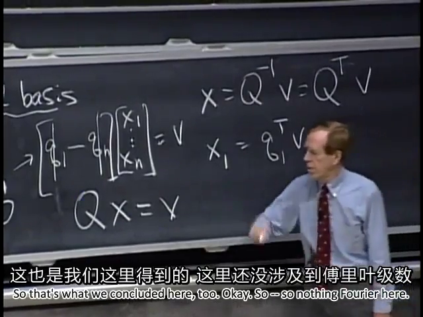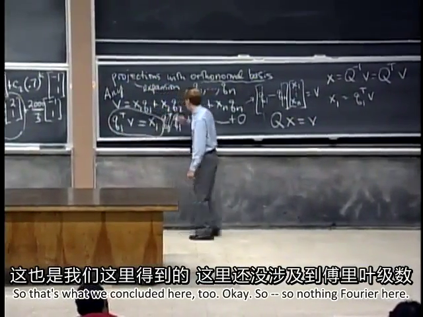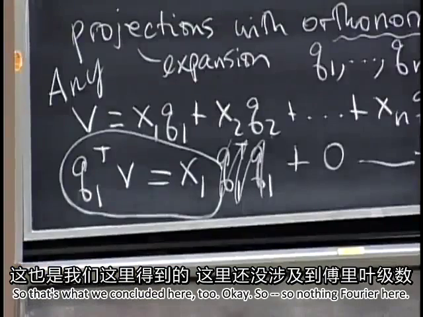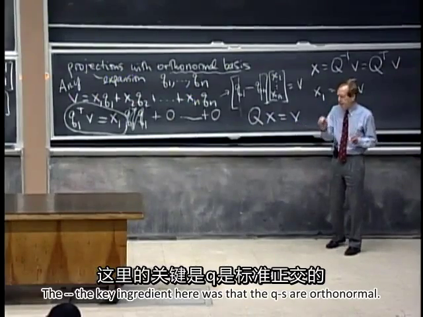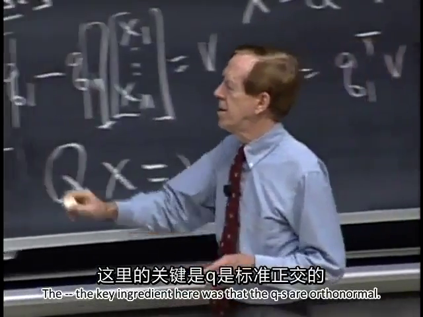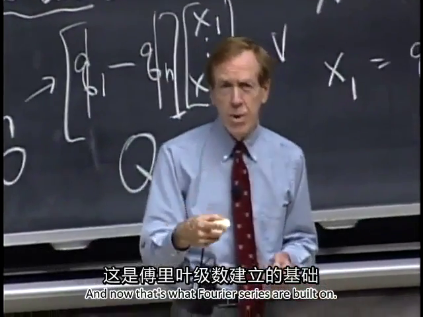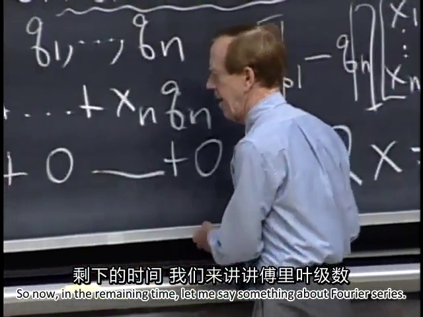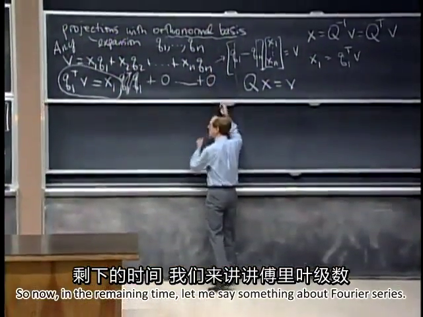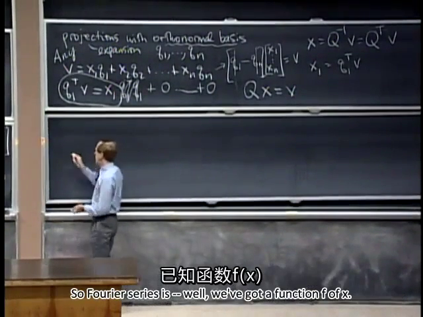So that's what we concluded here too. Okay. So nothing Fourier here. The key ingredient here was that the q's are orthonormal. And now that's what Fourier series are built on. So now in the remaining time, let me say something about Fourier series.